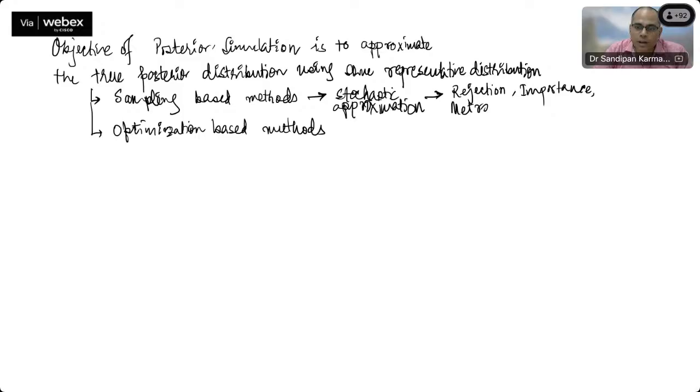Many a times you'll find that they are actually used interchangeably. Can anybody tell me? Okay, this Markov chain Monte Carlo uses randomness, but how is it different from simple randomness?